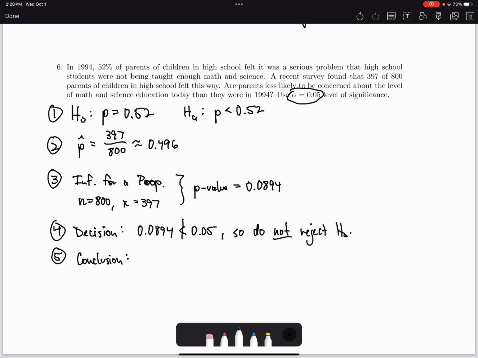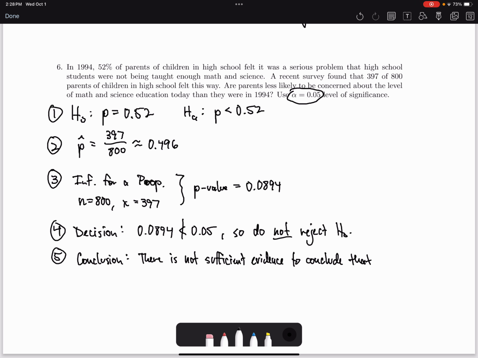Okay, since we're not rejecting the null hypothesis, that means we don't have sufficient evidence to support the alternative, right? There is not sufficient evidence to conclude that, and now we're just going to copy and paste whatever the alternative hypothesis was.